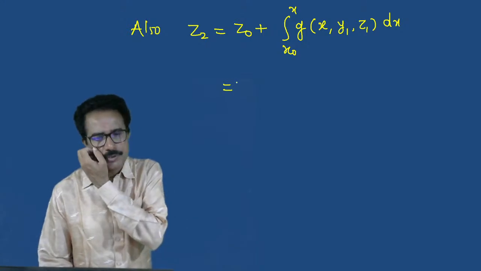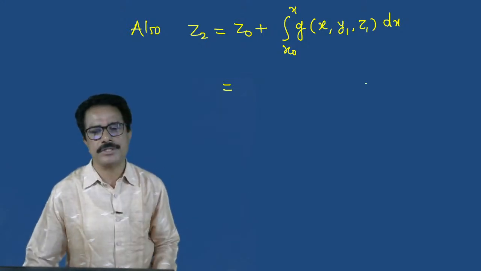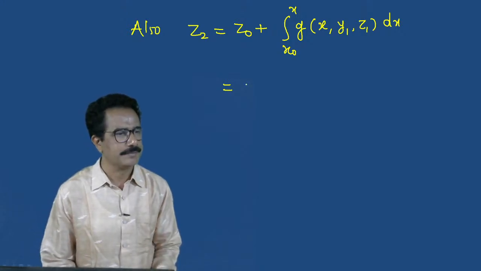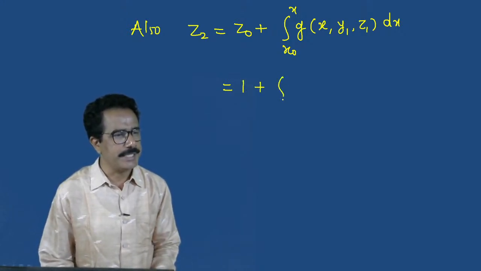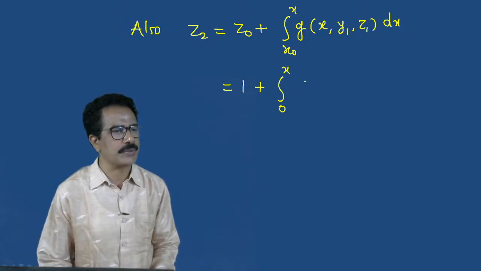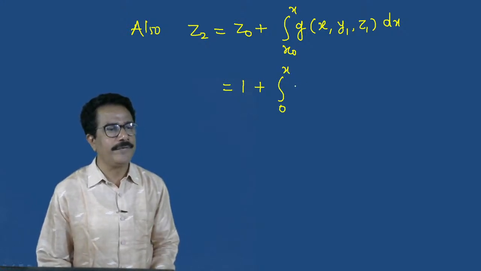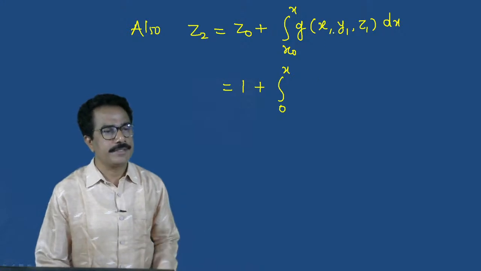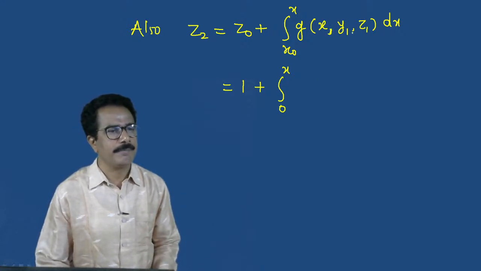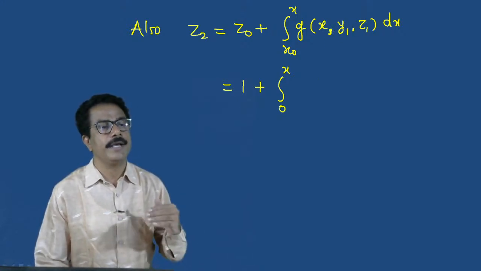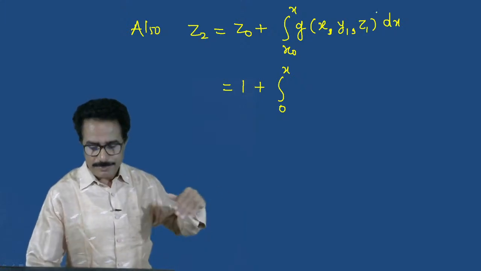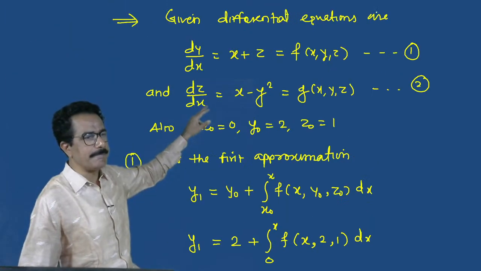From this we can write the result. z0, what is the value of z0? According to the given initial condition, 1 plus the integral from x0 to x of g of x comma y1 comma z1. What is the value of g?